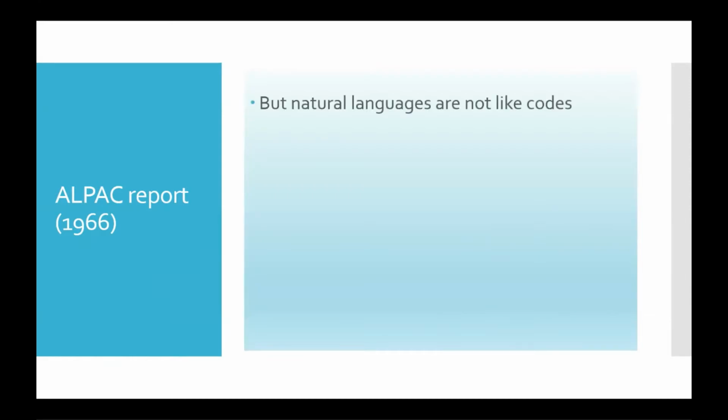So research continued, but people realized that translation was harder than they thought. And in 1966, a famous report was issued which said that really machine translation research wasn't worth funding. It was too difficult and the results were too poor.